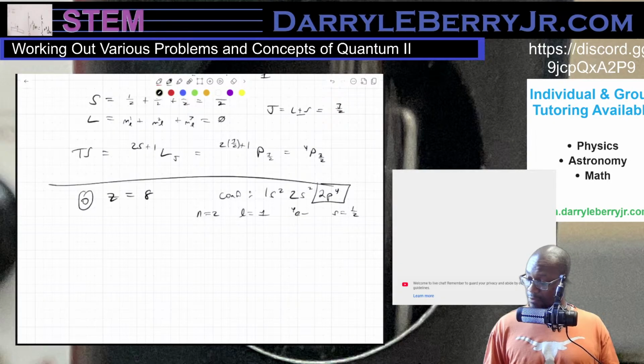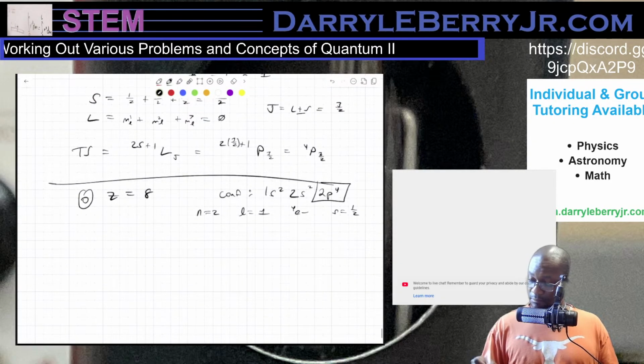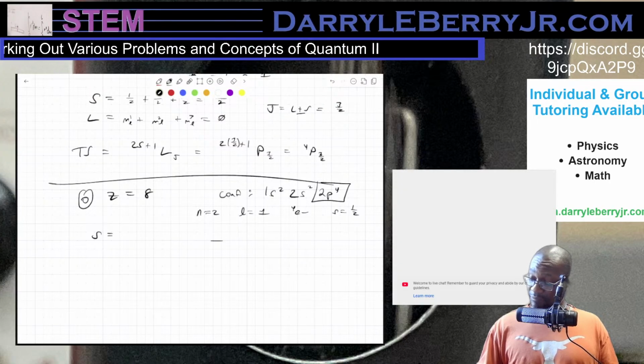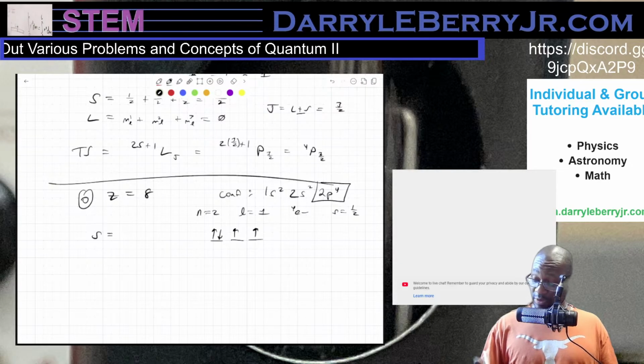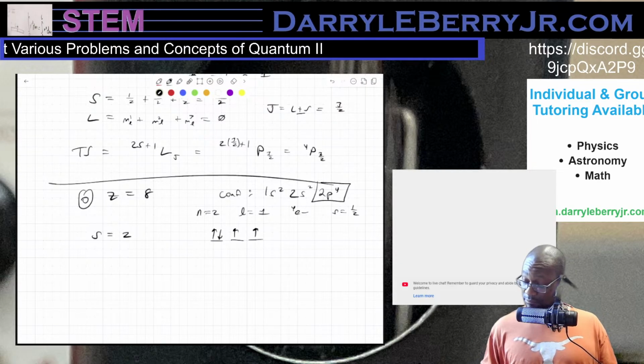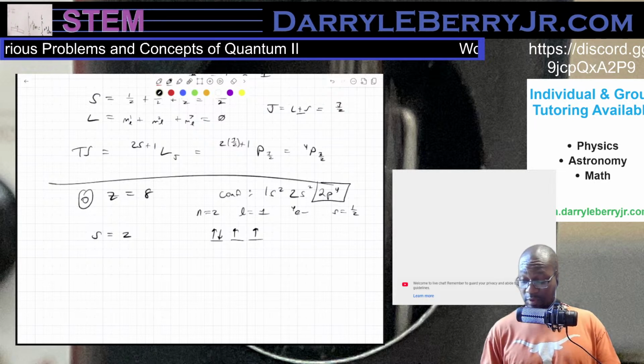So what we can do now, you can say big S equal, because now we have this. So if you add them all up, you can have 2 for the max S. Nope, it says max is 1.